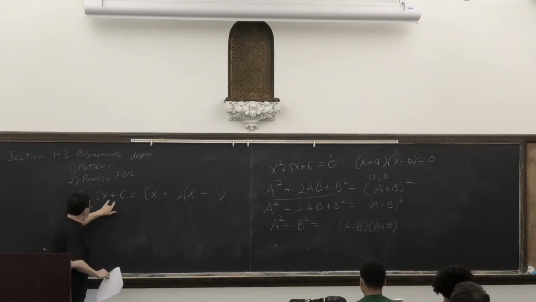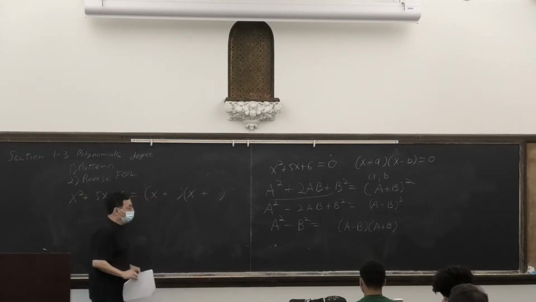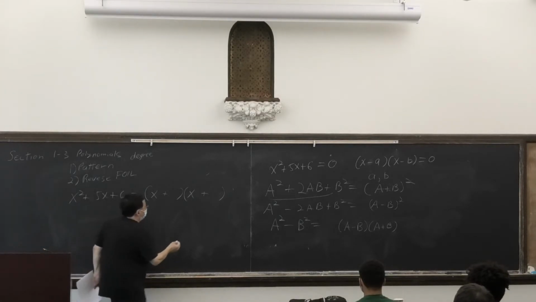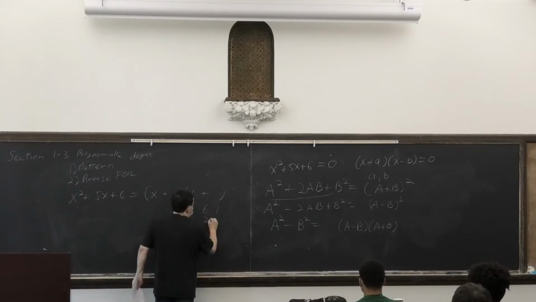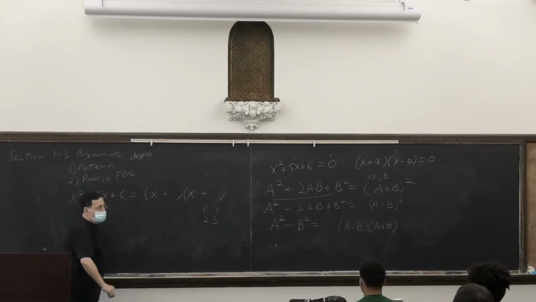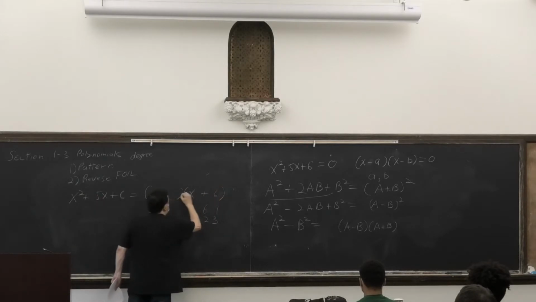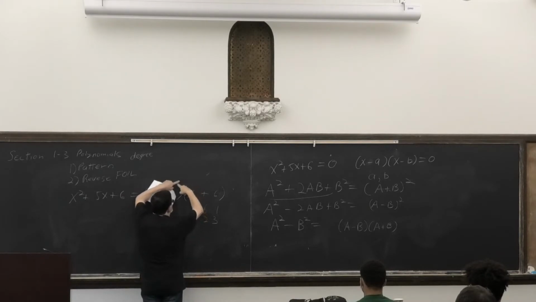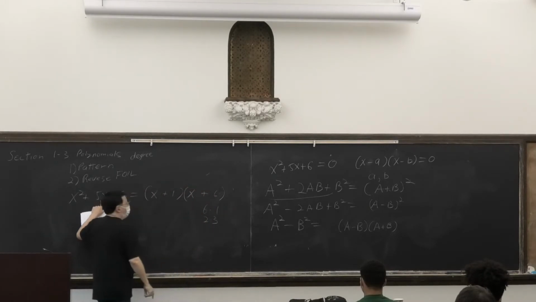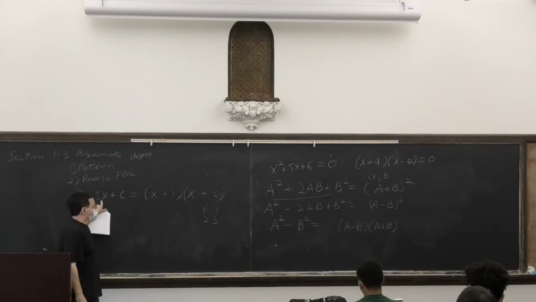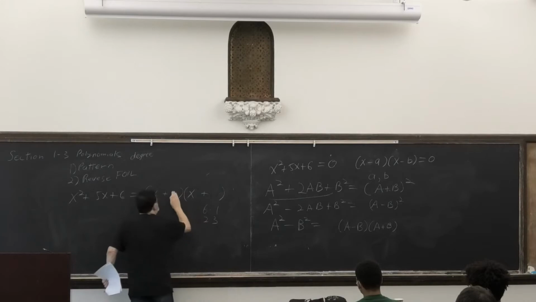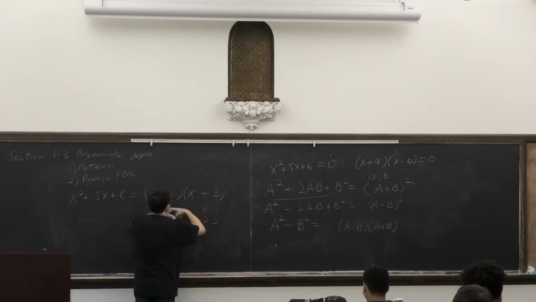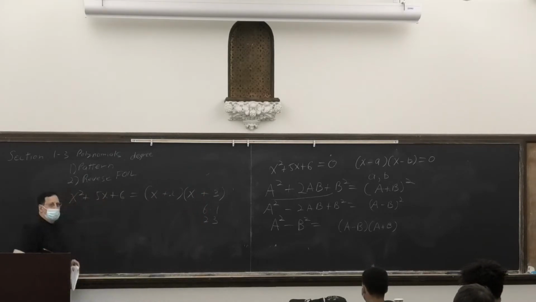Well, first of all, we've just got pluses here, so these are just going to be plus. Our constant term has factors. It could be 6 and 1, or it could be 2 and 3, so we can try them both. We say 6 and 1, and now we just use FOIL. We check the inner, that's 1, and the outer, that's 6, which gives 7. That didn't work. So we try 2 and 3. Inner is 2, outer is 3, that's 5, and so now we know we've succeeded.